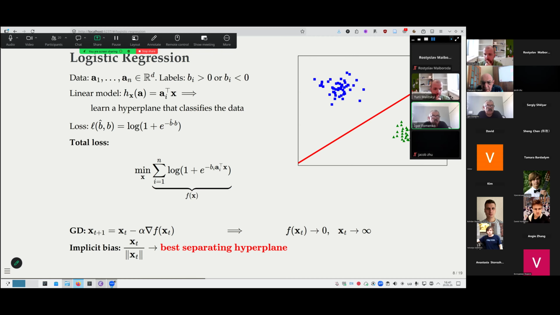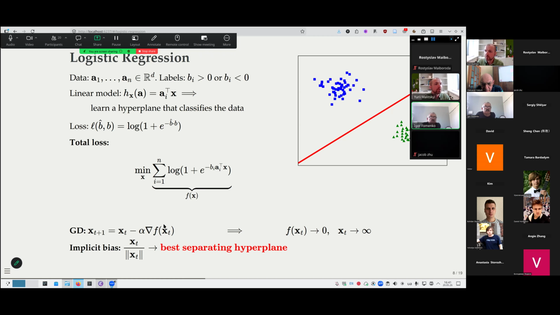But why is it unbounded? Let's say, because if x_t was bounded, then we can always select a convergent subsequence. If you have a convergent subsequence, there should be a limit, but then the function values would also converge to a concrete point.